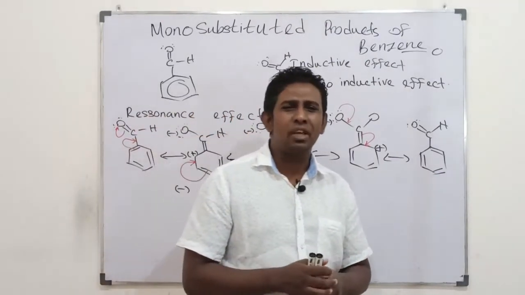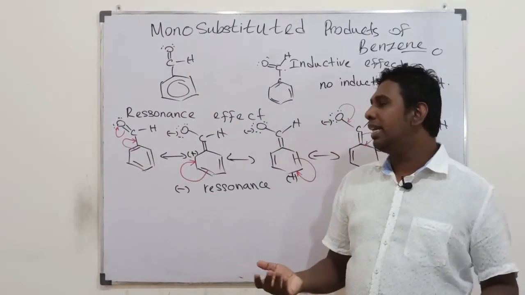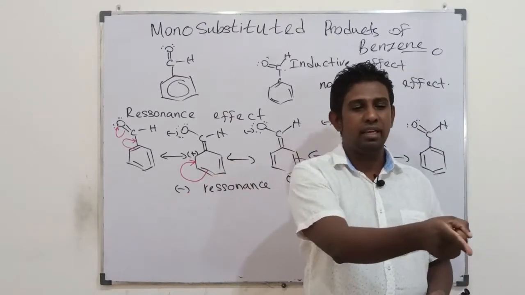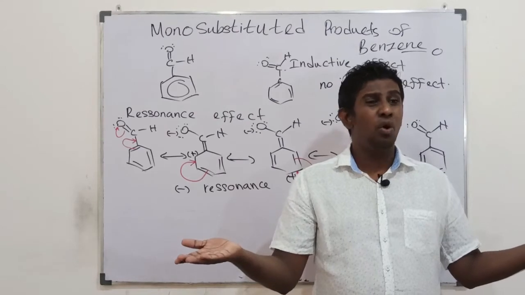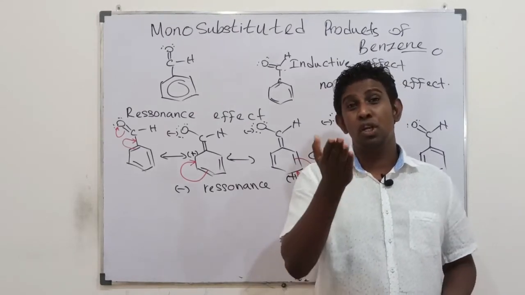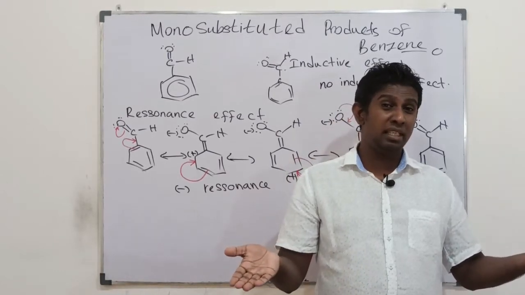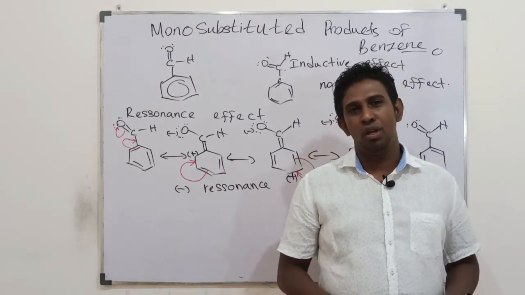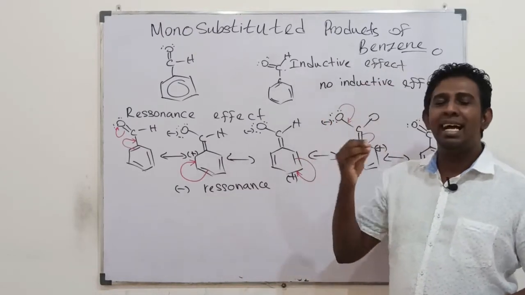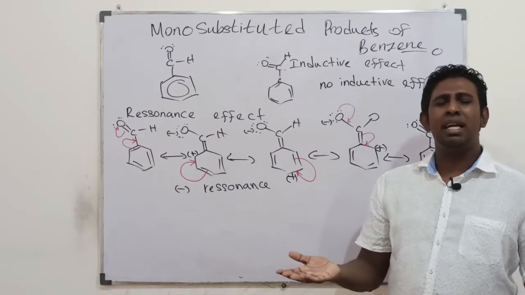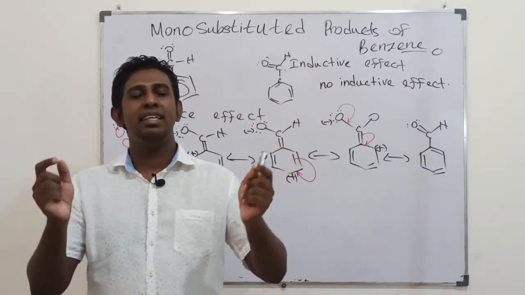Therefore, students, I could call this aldehyde group of benzaldehyde as directing the coming electrophiles to get attached at the meta position. It's useless getting attached to the ortho and para positions because you are a positively charged species and those places also are positively charged. So students, it's a meta-directing group. That's what we have got regarding benzaldehyde.